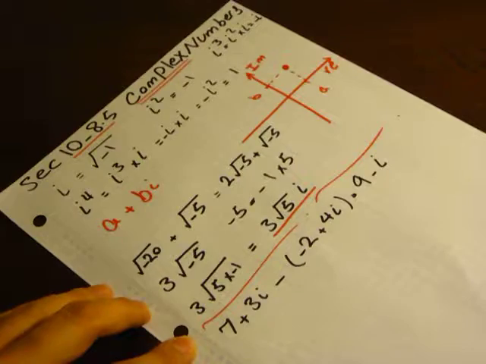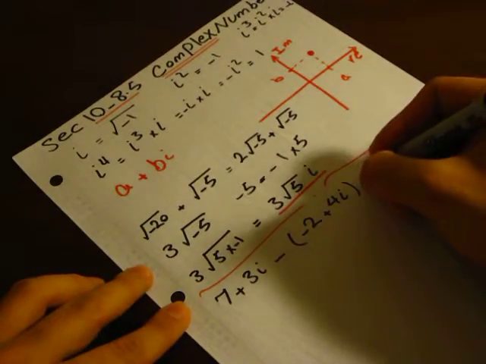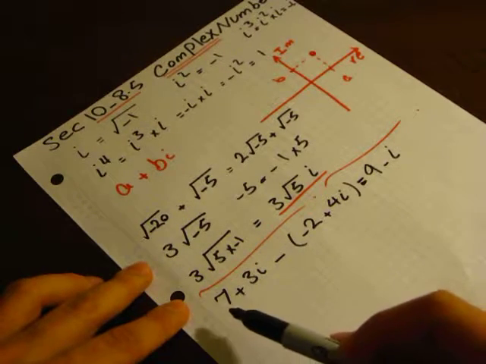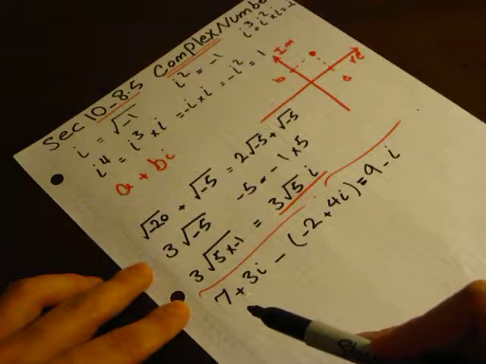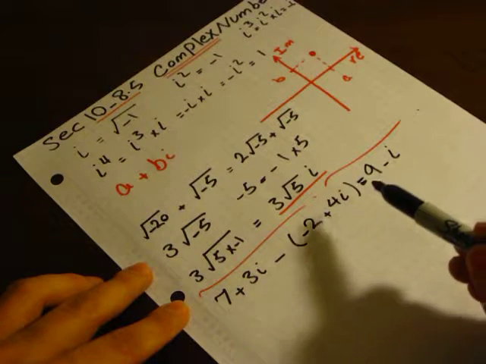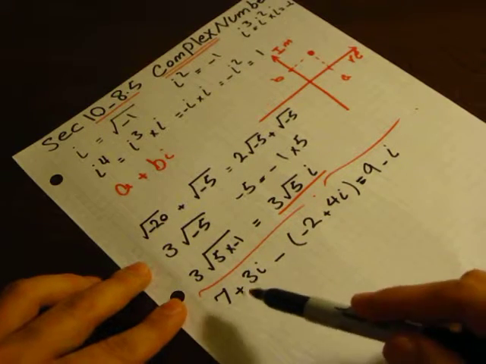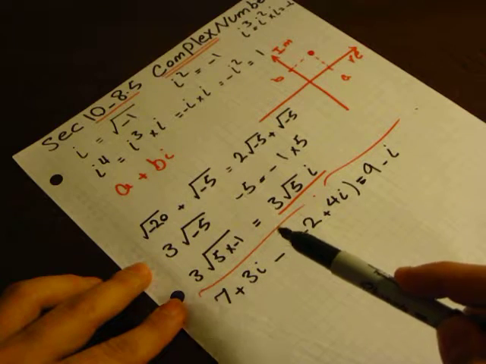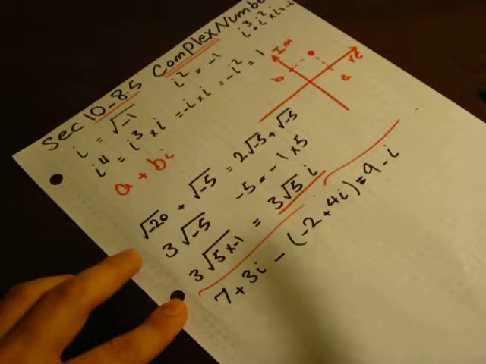This is actually pretty simple, so I'm going to go over this one more time. As you see, I have 7 right here and minus -2, which is 7 plus 2, so I'm going to have a 9 here, which was pretty obvious. But we do the same thing for imaginary numbers. Plus 3i minus 4i, so it's going to be negative 1i.